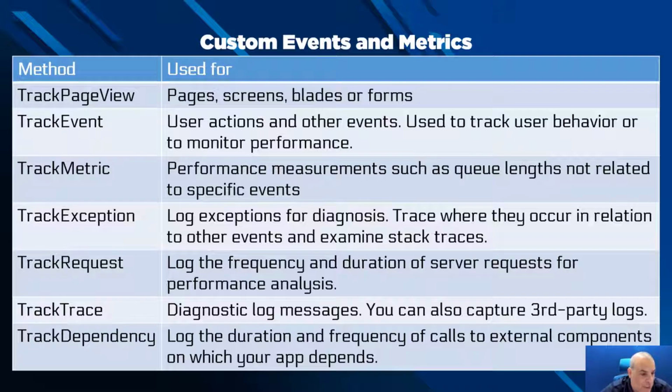You can use track exception to log extra diagnostics for a given exception. So this is where, if you notice on the push event I did before, I added the custom things like the title and the tweet text. If you use track exception, you can add additional properties like the user that was on it, anything around the actual exception to help you debug it. The track request and track dependency are only necessary if you want to record something that App Insights doesn't do out of the box.